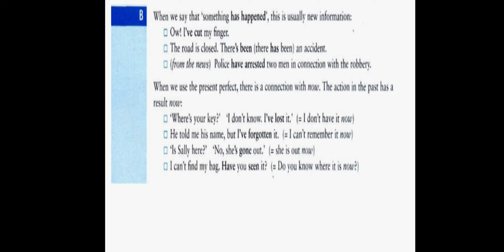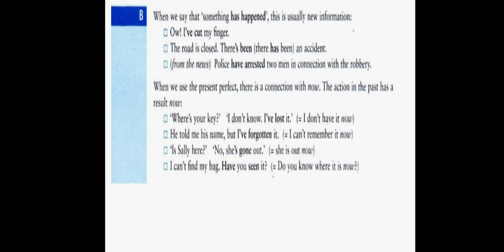Is Sally here? No, she has gone out. She went out before, and now she is out. So she has gone and still she is out. She is not here. So we can say she has gone out. We don't say she went out. If she came back, we can say she went out, because going out is finished.